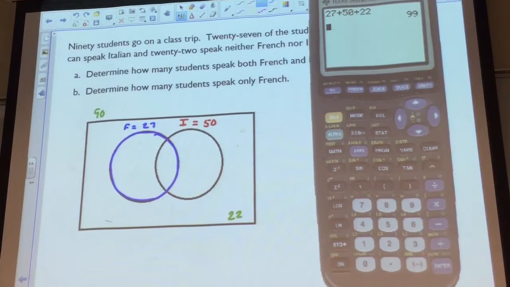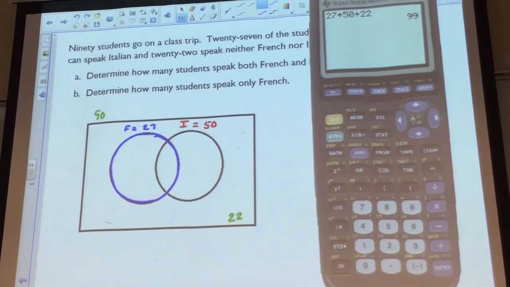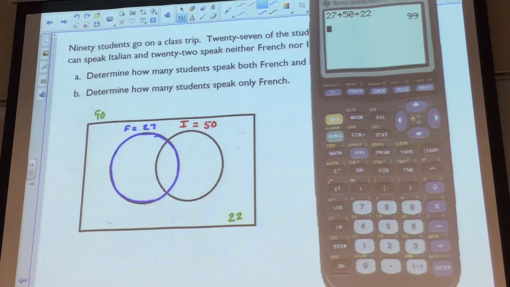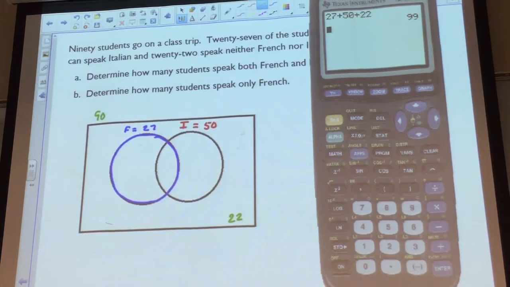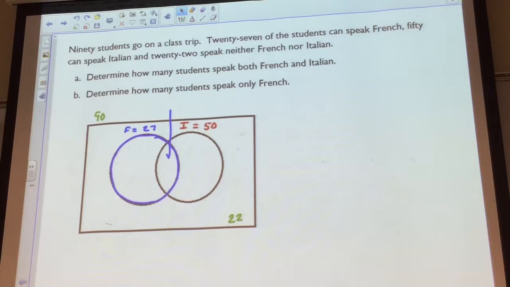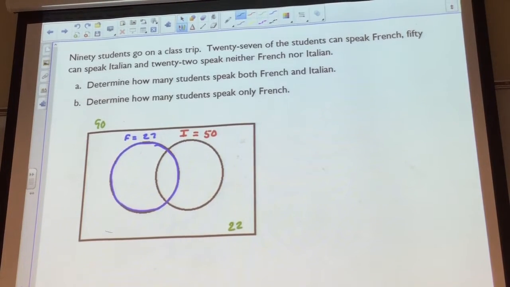And that's more than are actually involved in the class trip, because some have been counted twice. So that does give you a dead giveaway that you have an extra section in here, because this is the section where we ended up having the both. Let me go back to this again and do this.